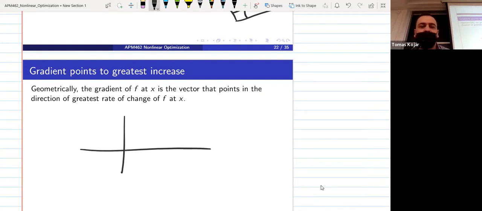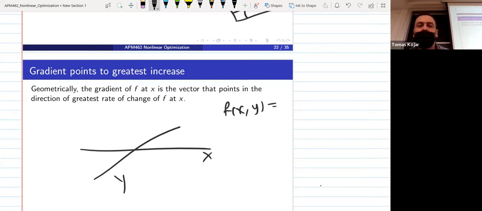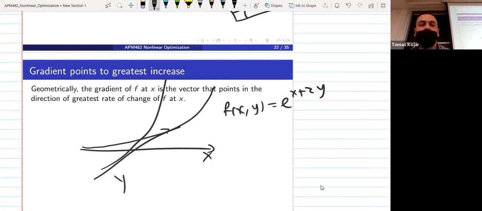So this is xy. And let's look at f of x equals e to the x plus 2y. So this always grows like this, and it grows like this. Okay, so is that okay?